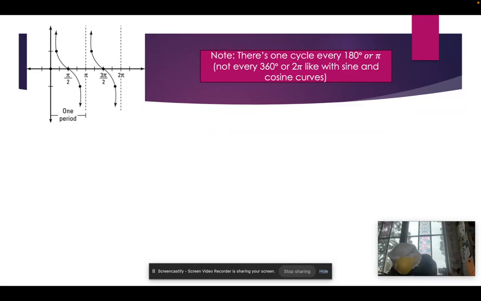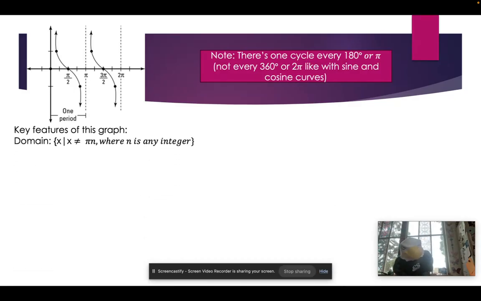Let's talk about the key features for a cotangent. Pretty similar to the tangent, except the asymptotes are in different spots. So it's x such that x isn't a multiple of pi, so every interval of pi for the standard cotangent. Then our range goes on forever in both directions, up and down. There's no stretch.